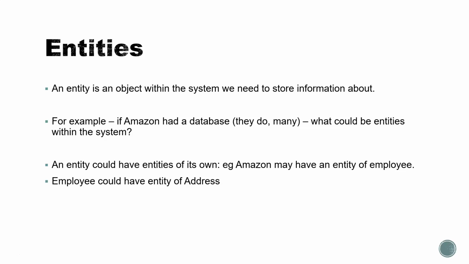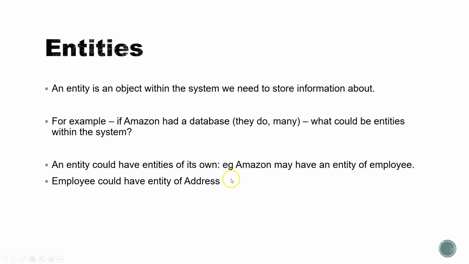And within those entities, don't think that just because something in that example could be an entity of Amazon doesn't mean that they might not have entities of their own. So if you think of them the same way as attributes, pretty much everything is an attribute. If you've got employee here, which in this instance will probably become just person, it would have its own entities.